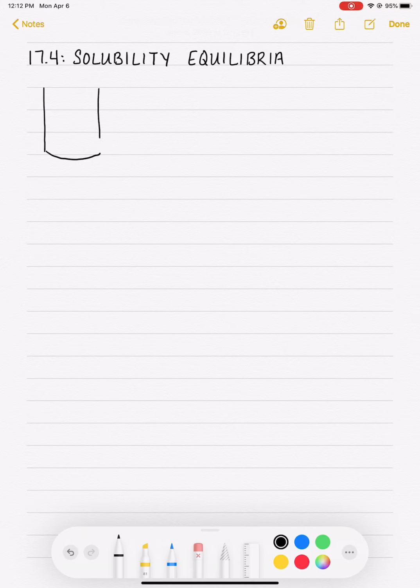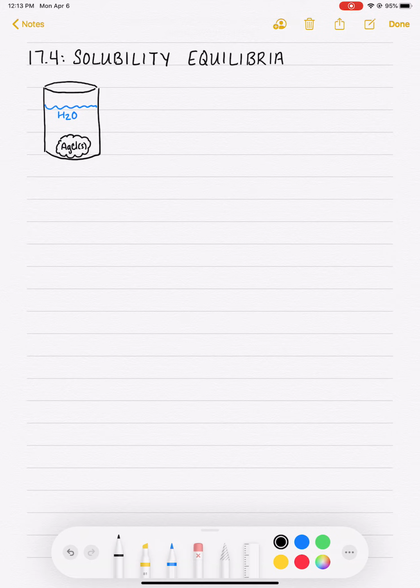What we're going to be talking about in this section is the equilibrium that is associated with a solid substance dissolving and dissociating in solution. So let's say that we have a beaker with some water in it. And we are going to drop into this beaker a chunk of silver chloride, AgCl.